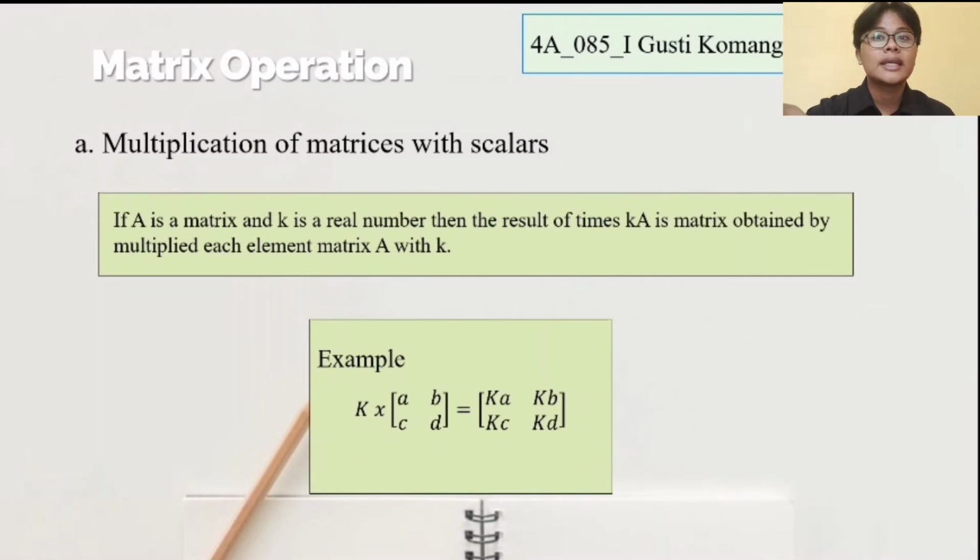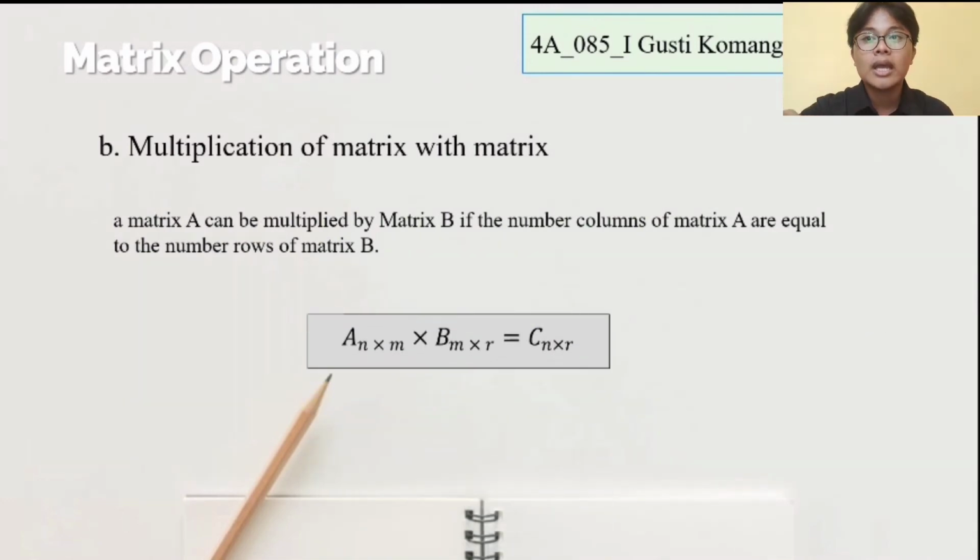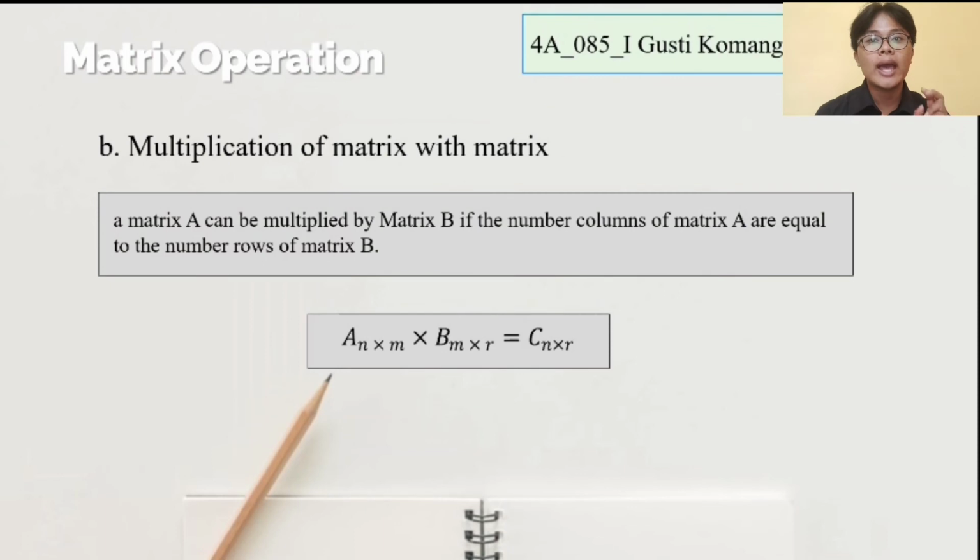The second part is multiplication of a matrix with a matrix. A matrix A can be multiplied by matrix B if the number of columns of matrix A is equal to the number of rows of matrix B. If matrix A has the order n times m and matrix B has the order m times r, then the result of A times B is matrix C with the order n times r.